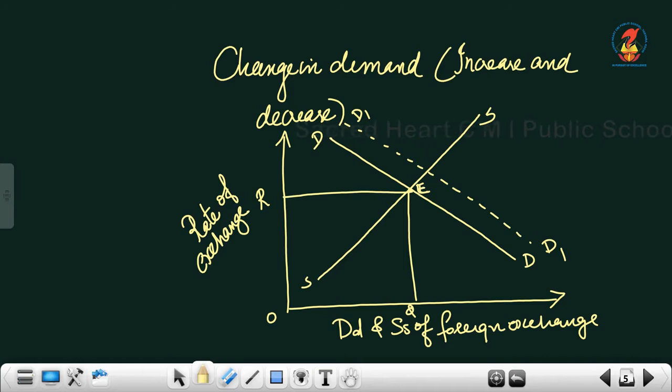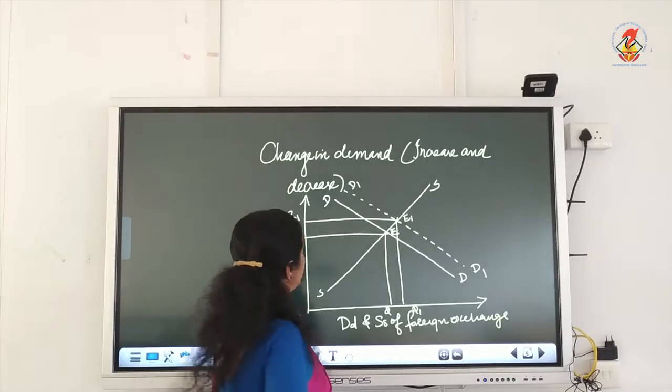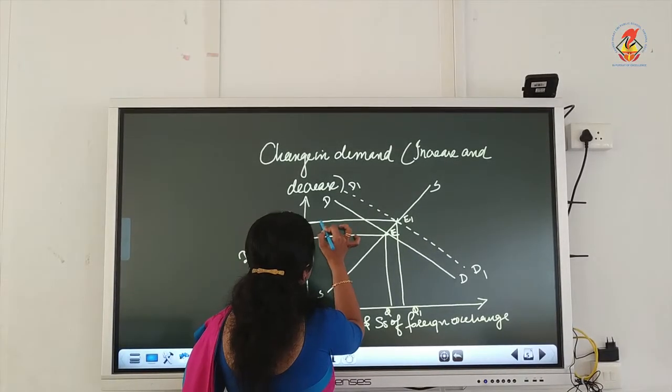So, with the increase in the demand or rightward shift of the demand curve, you can find the new equilibrium point here as E1. With that new equilibrium point, you can find the new rate of exchange as R1. So, the new quantity OQ1 is the new quantity of the foreign exchange, and the rate of exchange is OR1.